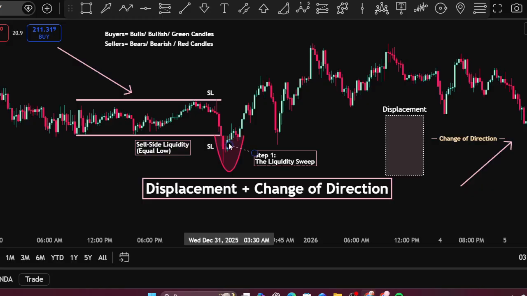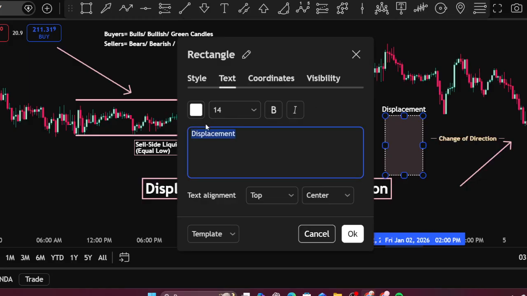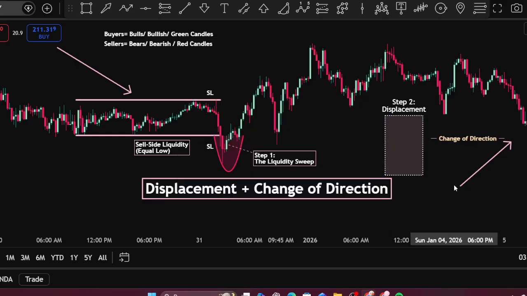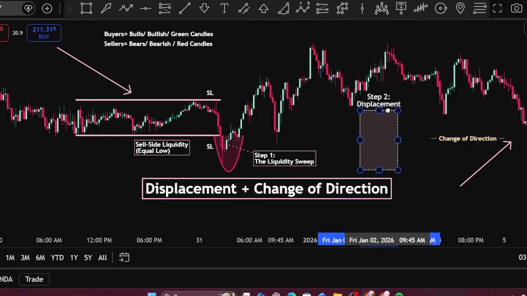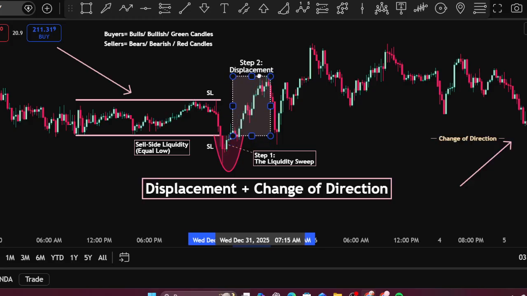Okay, so this was the move, the strong move, not just a move, the strong move away from that level. So I'm going to put the displacement here, and also I'm going to add step 2. The highest wick was basically right here, and the wick is the thin little line.